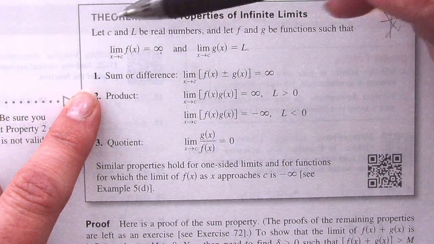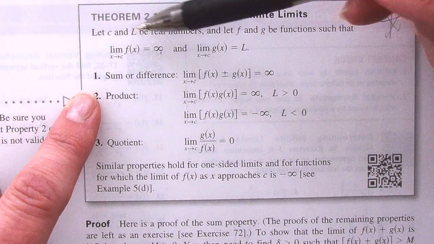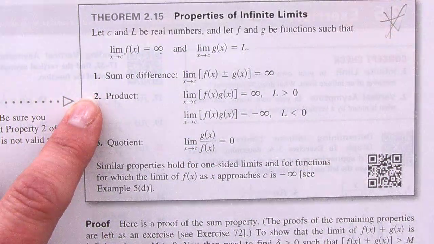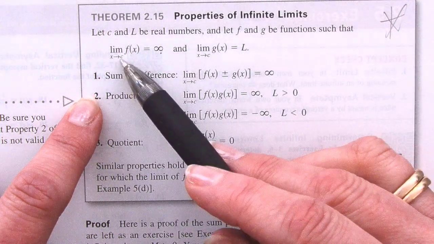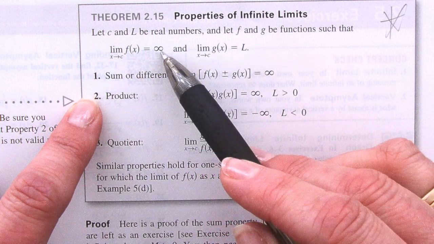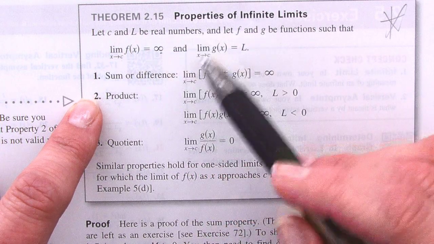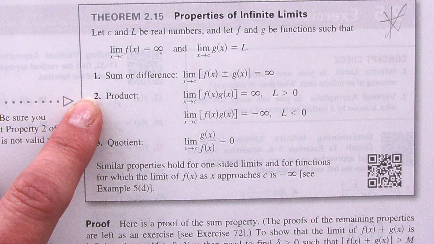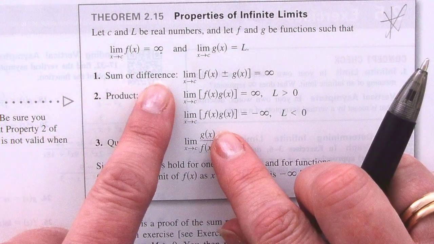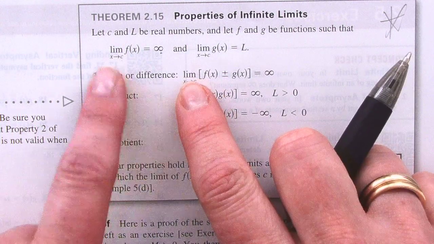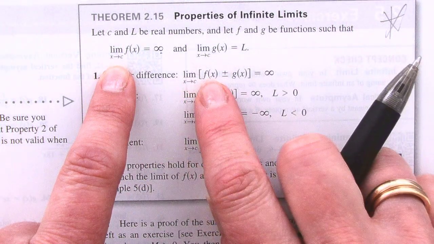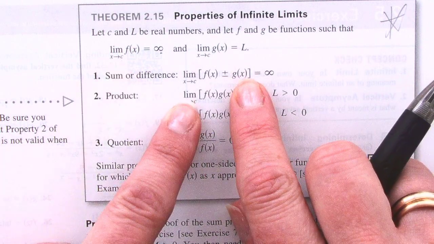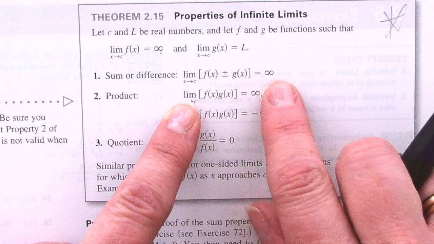It's just saying let c and L be real numbers, let f and g be functions such that the limit as x approaches c of f of x is equal to infinity, and the limit as x approaches c of g of x is equal to L. For a sum or difference, if one of them is a constant and one of them is infinity, then when I add them together, I get infinity.